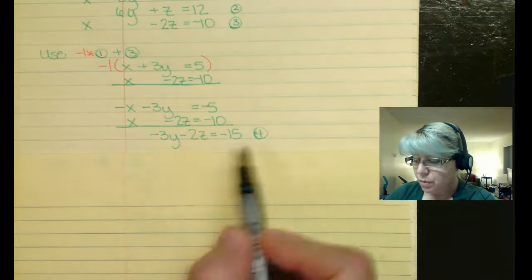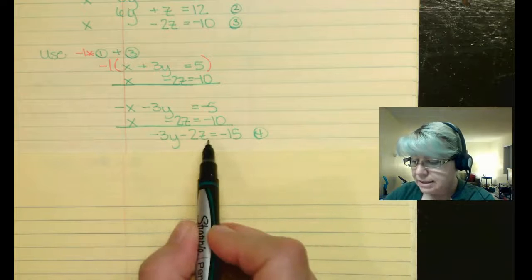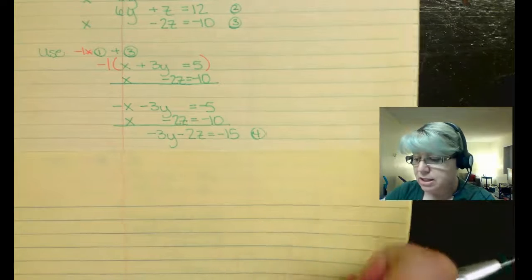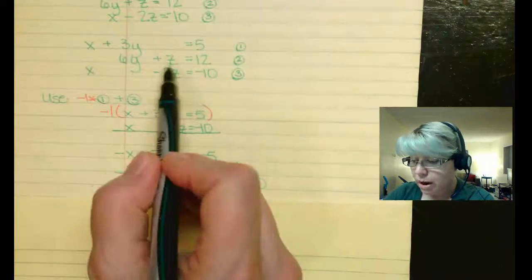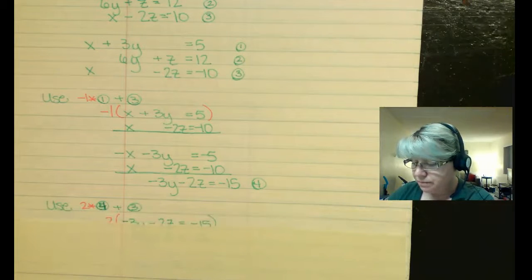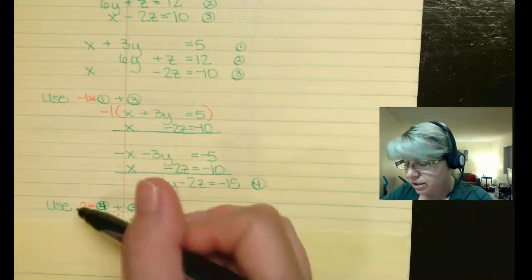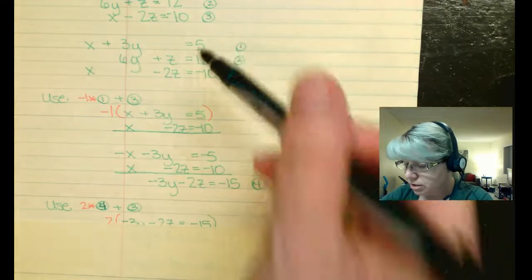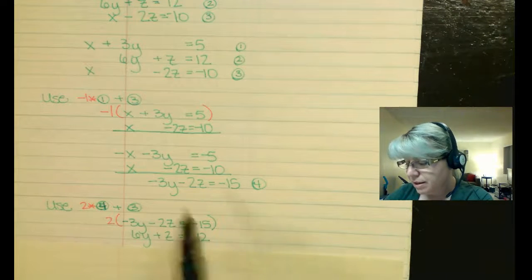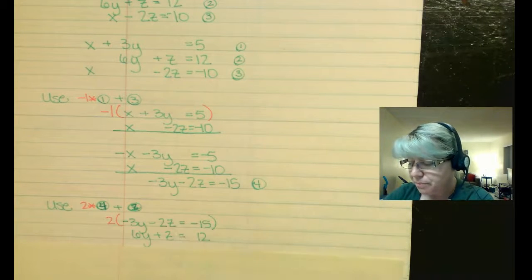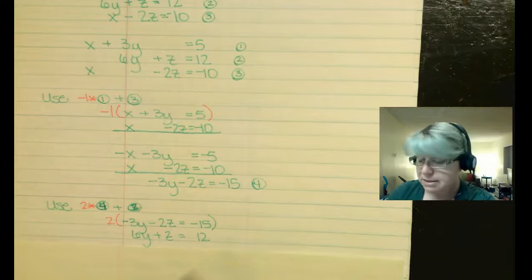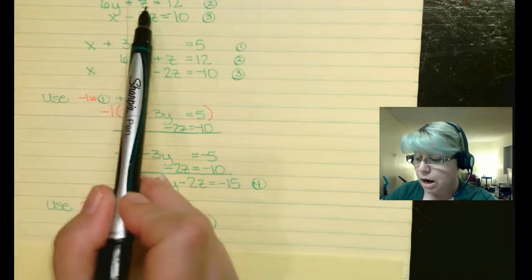Now that I have a fourth equation with y and z, in my original set of equations, I did have one with a y and a z. So why don't we use the fourth equation and the third equation. What did I do here? Yeah, it was actually the second equation. Sorry about that. The fourth equation and the second equation, to combine them because they are the equations with the y and z.